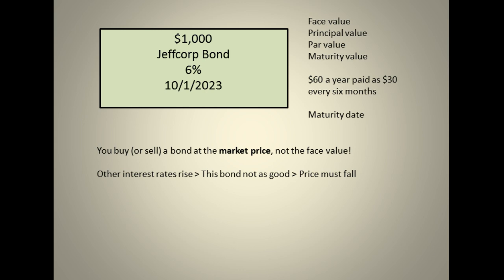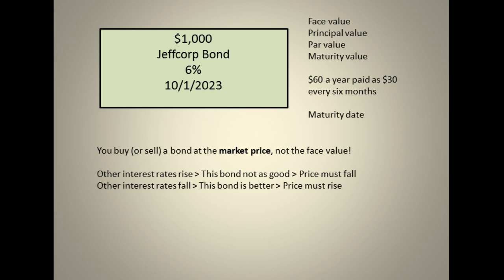One of the options is to purchase this bond, which has a 6% coupon, and all of your other options pay higher interest rates because interest rates have now risen since this bond was issued. That means all of your other choices for your investments are better. They're paying higher interest. So this bond is not as good as it used to be. The only way you could get someone to ever purchase this bond would be if its price went down. So if other interest rates in the economy rise, this bond becomes less valuable and its price will go below the $1,000.